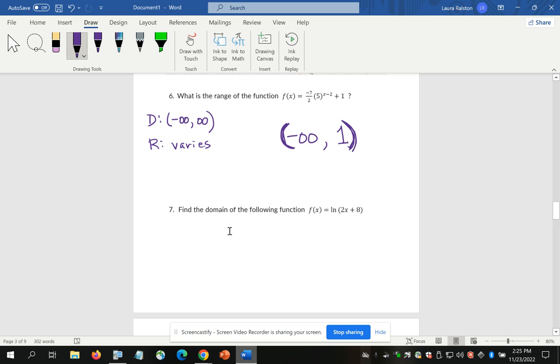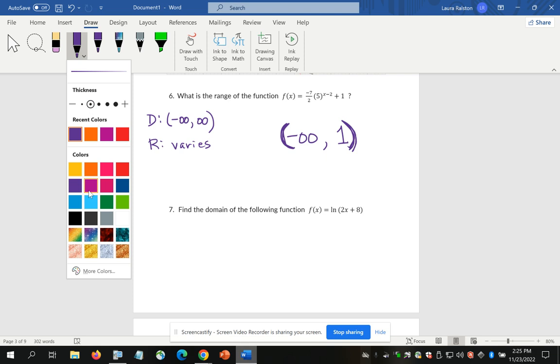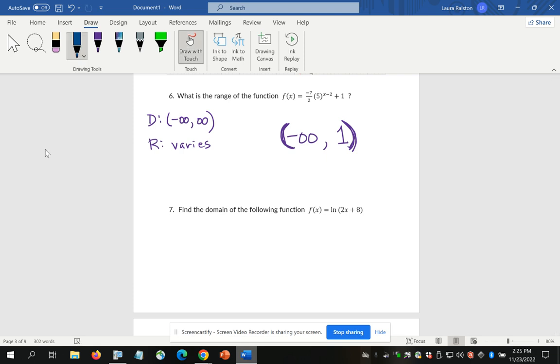Then question 7 asks you to find the domain of the natural logarithm of 2x plus 8. Remember that for logarithms, the expression that you're trying to take the log of must be greater than 0. You can only take the logarithm of a positive number, and it cannot actually be equal to 0 either.